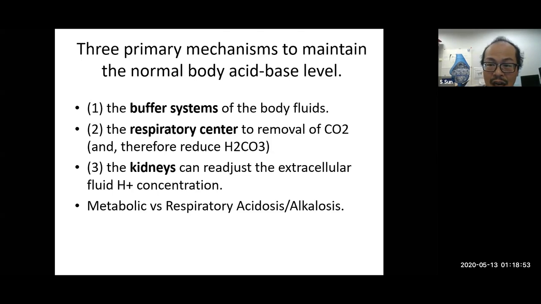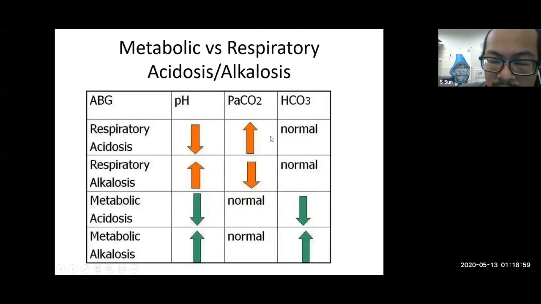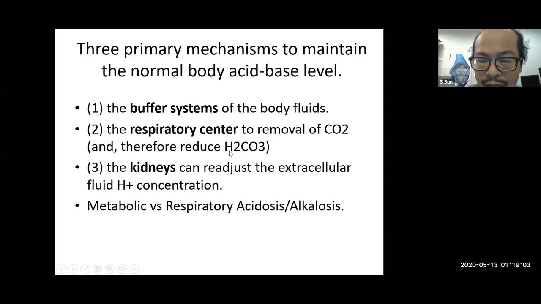One is the lung, the other one is the kidney. In the lung, it reduces CO2, and that way it reduces the bicarbonate, because CO2 is converted into bicarbonate. In the kidney, it reduces the hydrogen directly.